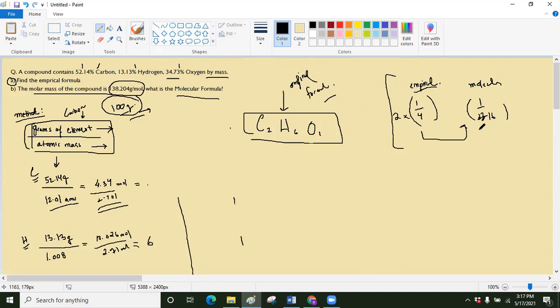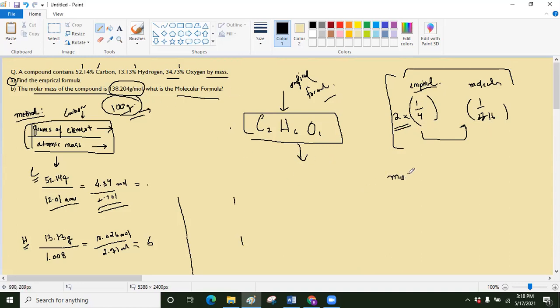So the molecular formula, whatever it is, we don't know yet, is going to be a multiple of the empirical, because the empirical is a reduced version of the molecular formula. In order to find the molecular formula, leveraging this fact, you start with the molar mass of the molecular formula.